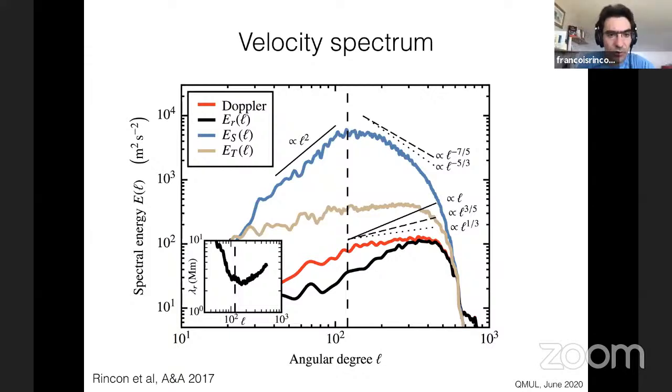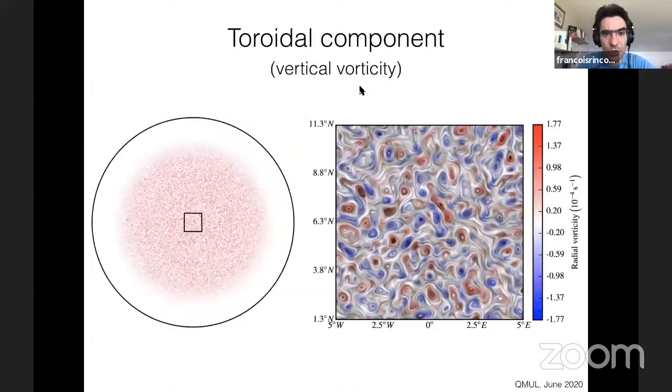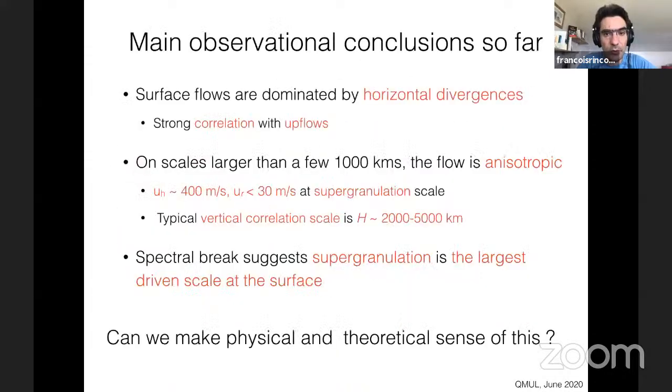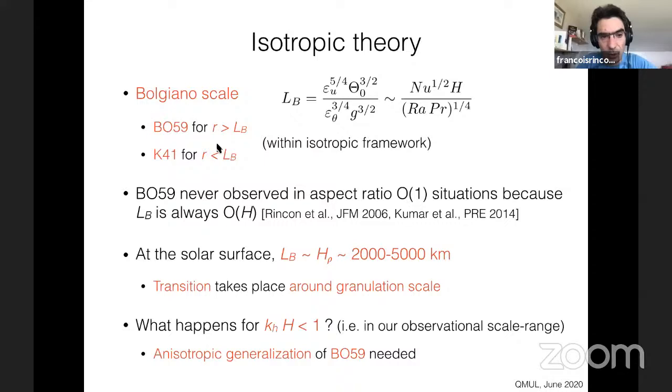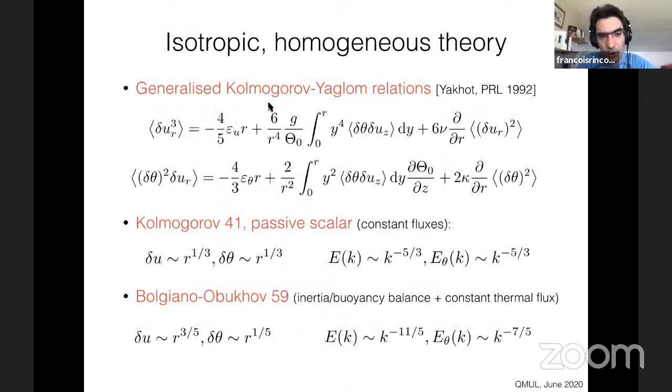Yeah, so this is a slide which I didn't have much time to show you because I wanted to concentrate on the buoyancy regime, but I actually have a slide to explain this. Let me show you. So I told you there are two possible dominant balances here. One is Kolmogorov, and the other one is Bolgiano, isotropic or anisotropic in the first place. If you try to figure out the scale at which all three terms are equal, that is the transition scale between these two regimes, called the Bolgiano scale.